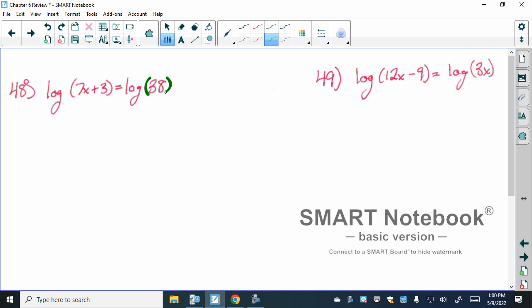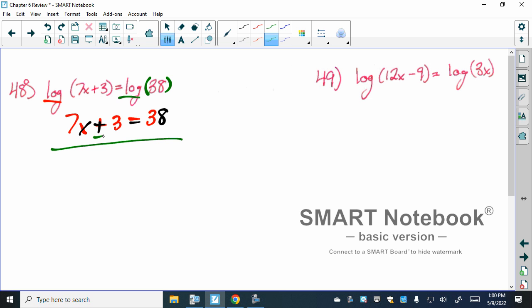But since these logs are the exact same, it means what's inside has to be equal. So 7x plus 3 has to equal 38. Now at this point here, we can solve for the value of x.